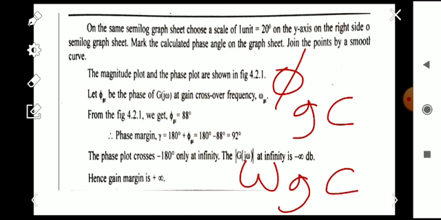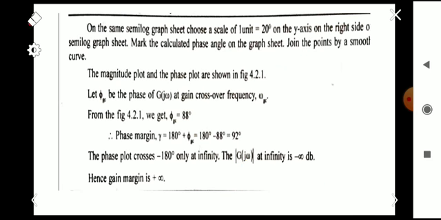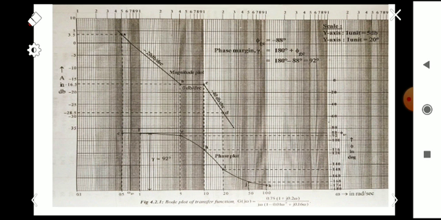This omega gc is the frequency at which the magnitude of our function becomes 0 decibel. Which means in our graph we have to find a point where this magnitude plot becomes 0 decibel.